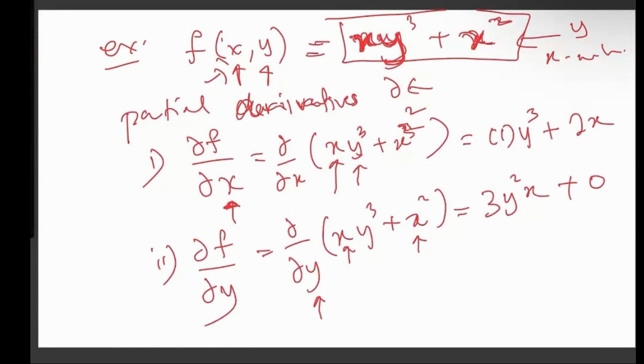Is there any problem with the partial derivative? If not, I will continue. Actually, we do the partial derivatives individually, separately, and then we can combine both solutions.